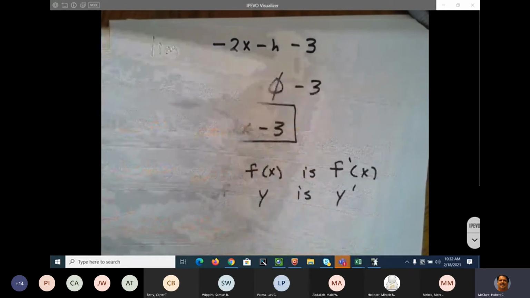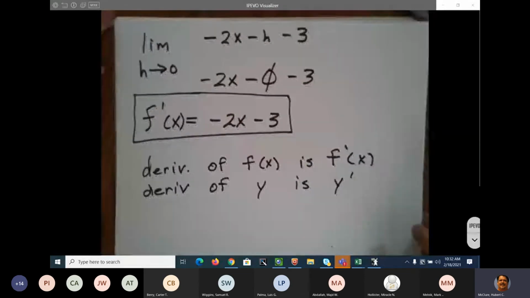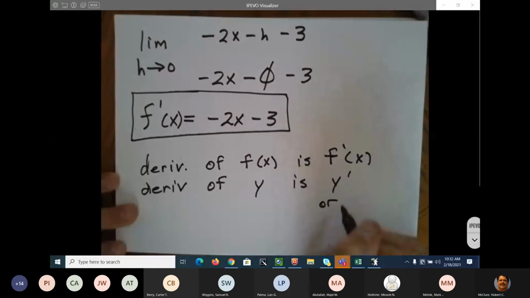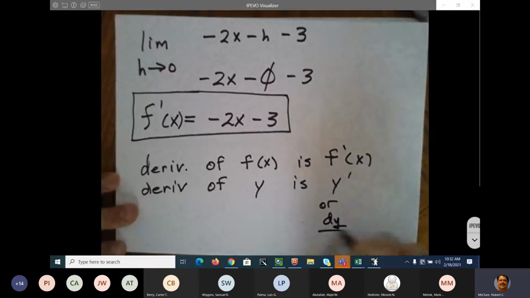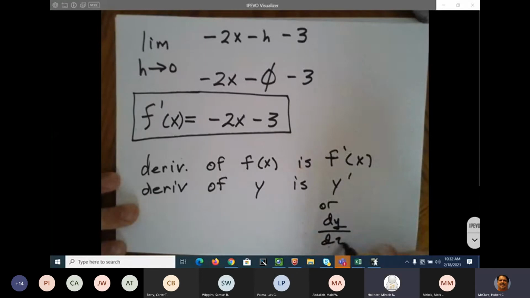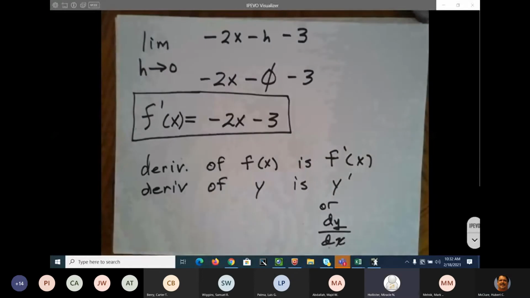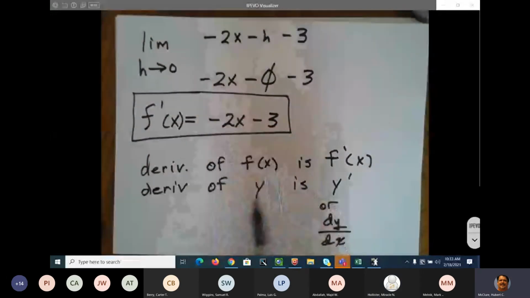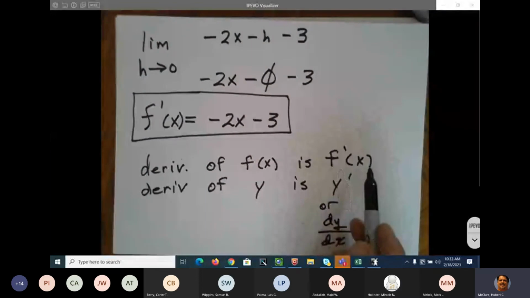And then there are cases when you have dy over dx. So the derivative's negative 2x minus 3? That's the derivative, yes. I put f prime of x right here because the derivative of f of x is written f prime of x.